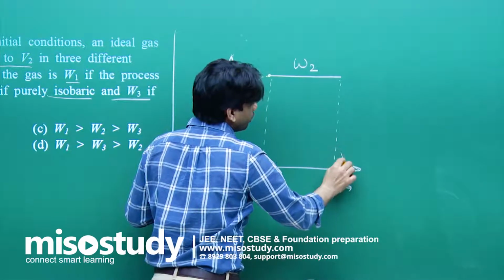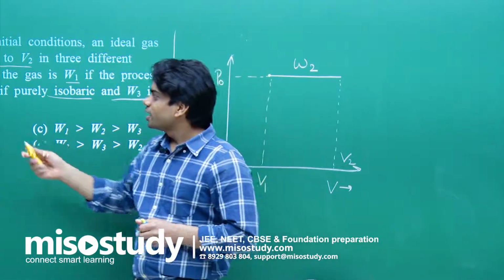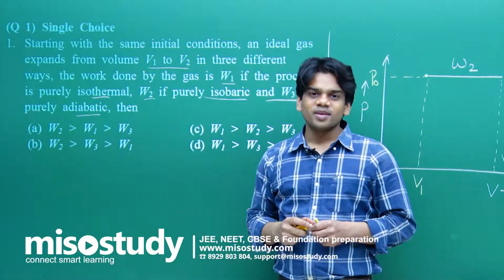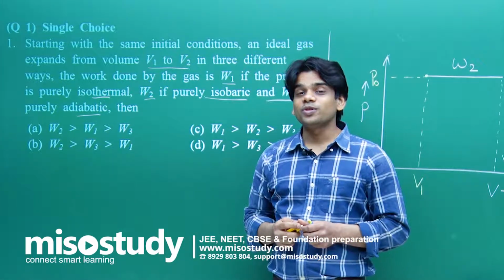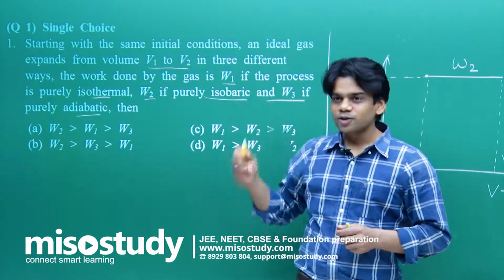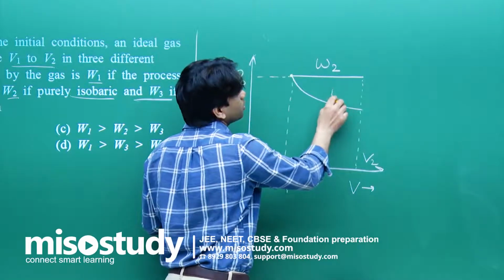This is V2. Next thing, in the first case it's purely isothermal, and in the third case W3 is purely adiabatic. In adiabatic, I have told you the slope will be more compared to isothermal. So for isothermal you should draw the curve in this way, this will be W1.